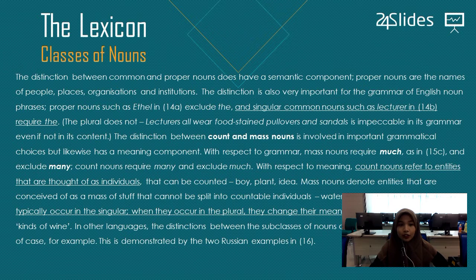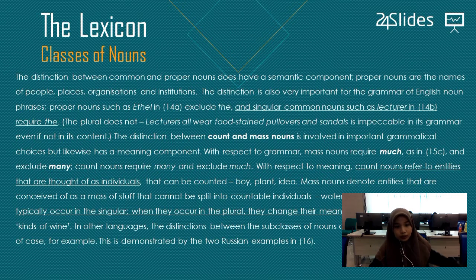Proper nouns are the names of people, places, organizations, and institutions. The distinction is also very important for the grammar of English noun phrases. Proper nouns such as Apple in 14a exclude the, and singular common nouns such as lecturer in 14b require the.